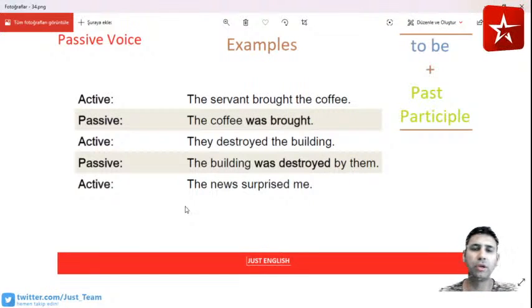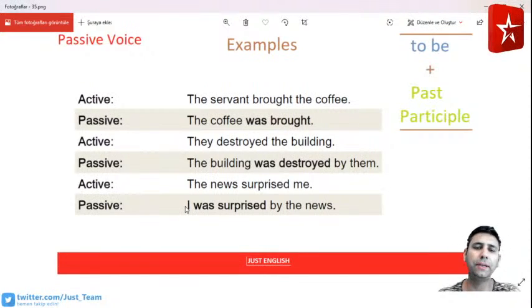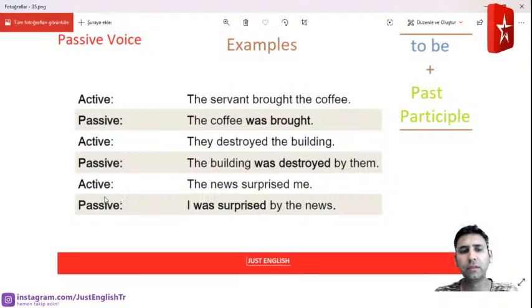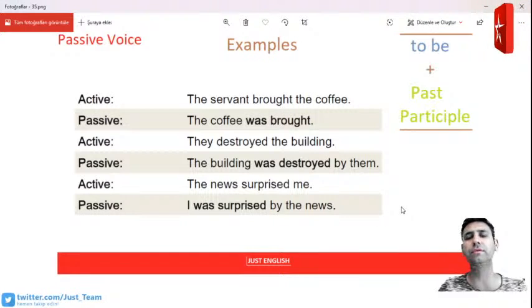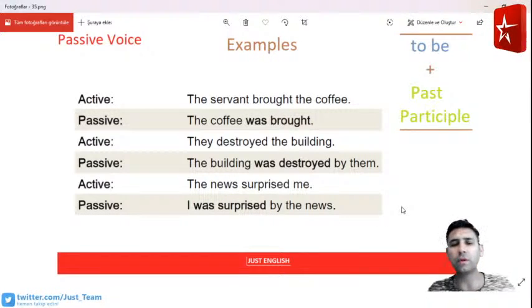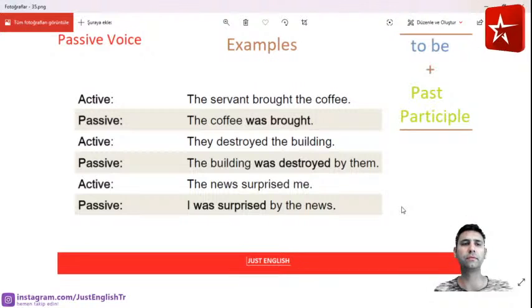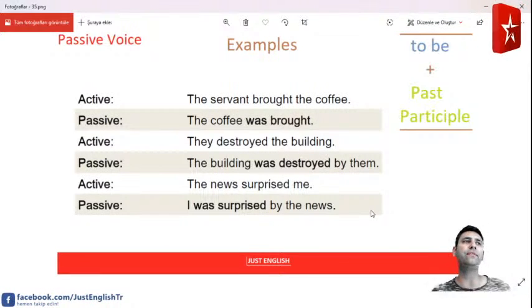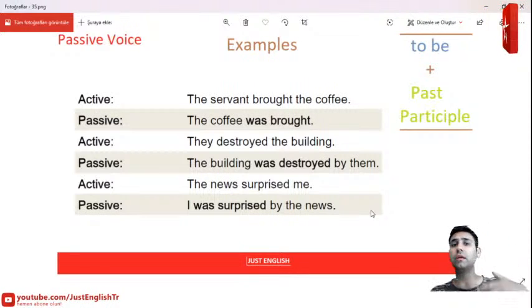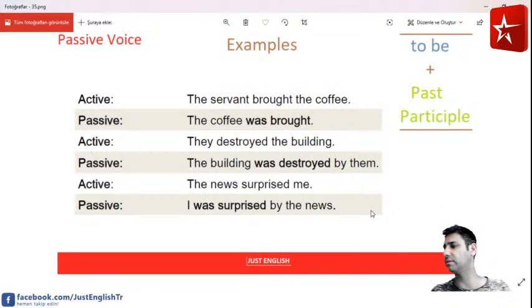All right, so the news surprised me is actually active, and the passive version of that sentence is I was surprised by the news. I was surprised by the news. All right. You could say I was surprised. If that person understands what you're talking about by what you were surprised about, then you could say that. No difference.